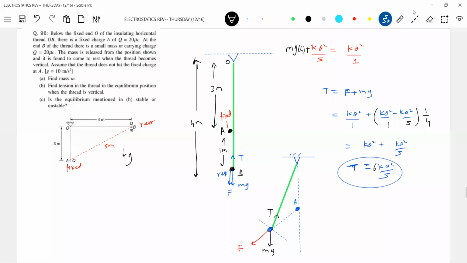Now, equilibrium stable or unstable, how to decide? Shall we take help of something? Energy equation. Mg will be the same. Here I have shown it more exaggerated. So I gave a small displacement, say theta.